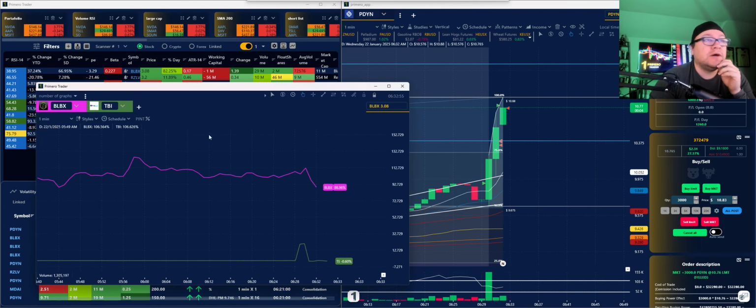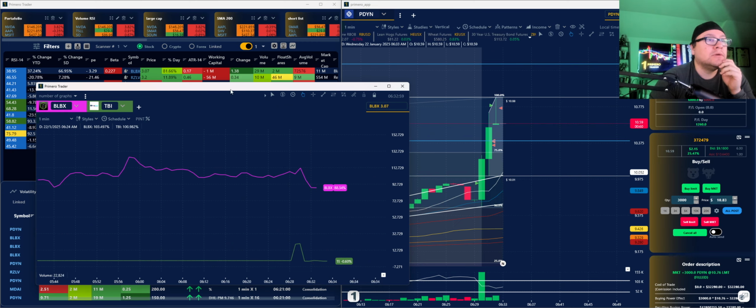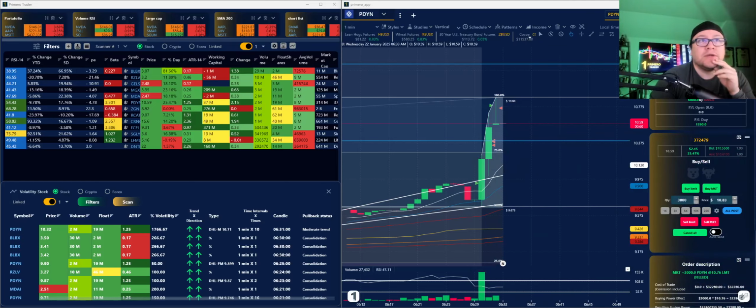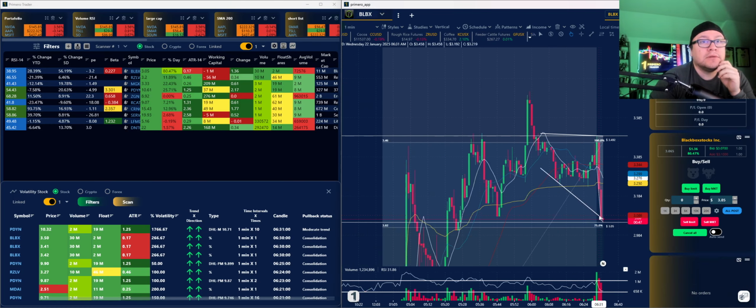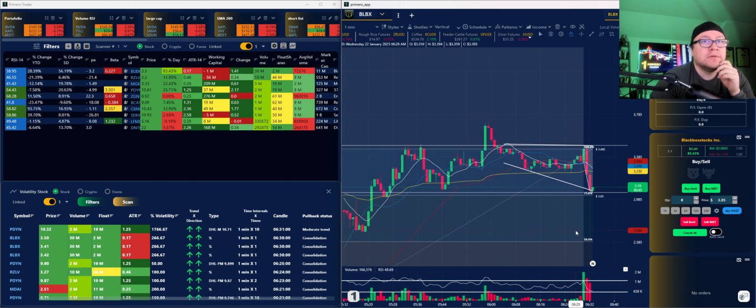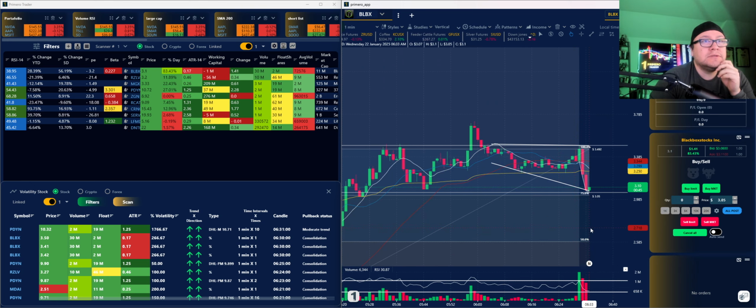So what I was talking about, this one went down, and it was the other potential trade that we had on the radar. Let's go check it out. No, this one. It's a 25% pullback. Let's try the strategy here.